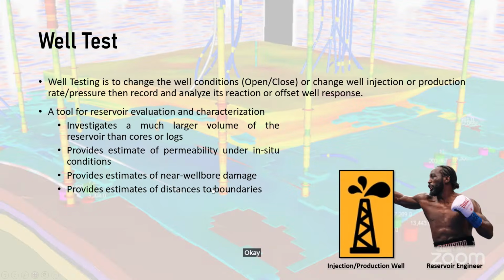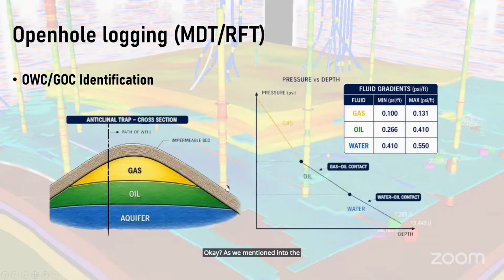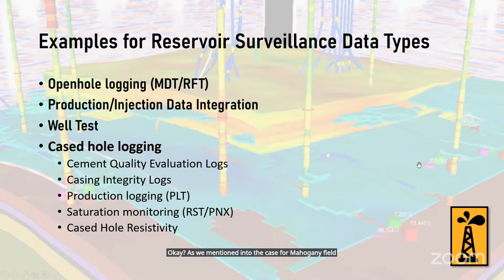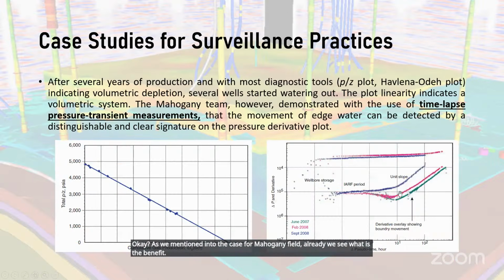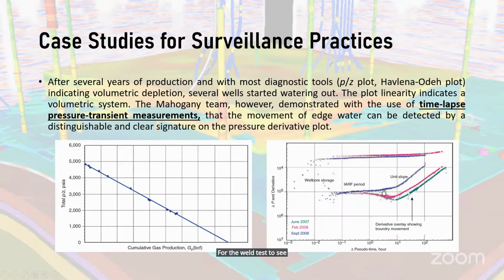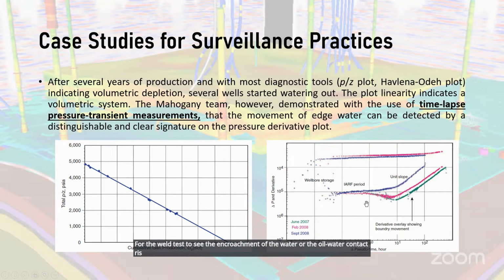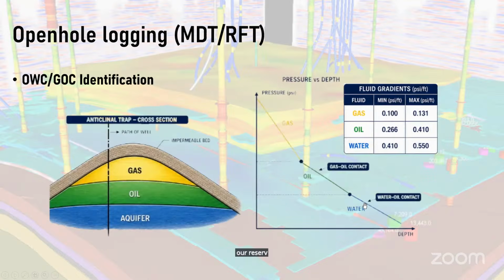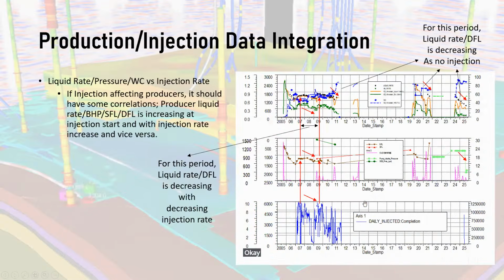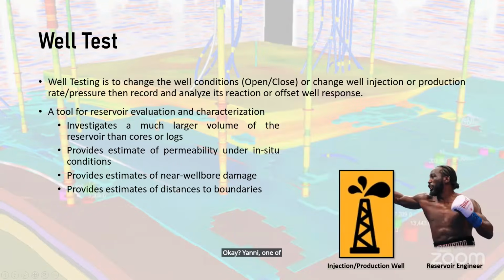As we mentioned in the case of the Mahogany field, we already saw the benefit of the well test to see the encroachment of the water, or the oil water contact rising in our reservoir. One example is when you have an exploration well.